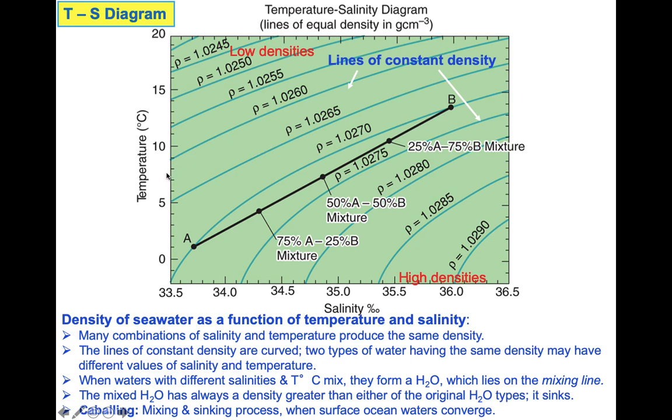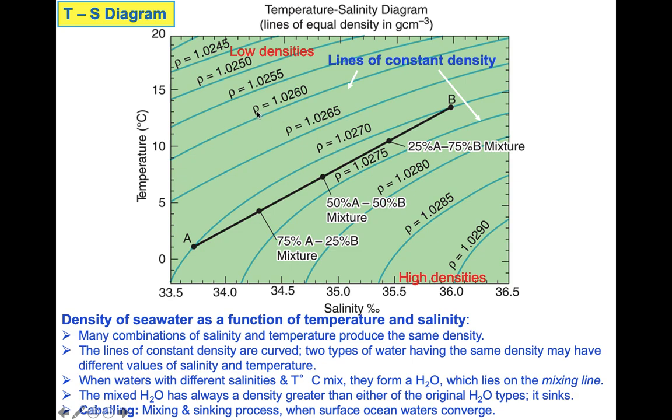The temperature, the T, is given in degrees Celsius along the vertical axis, increasing from 0 degrees Celsius to 20 degrees on top. And the salinity, given in per thousand, increases from 33.5 to 36.5 to the right. You see a bunch of green lines, curves actually, on this diagram. Those are same density curves.